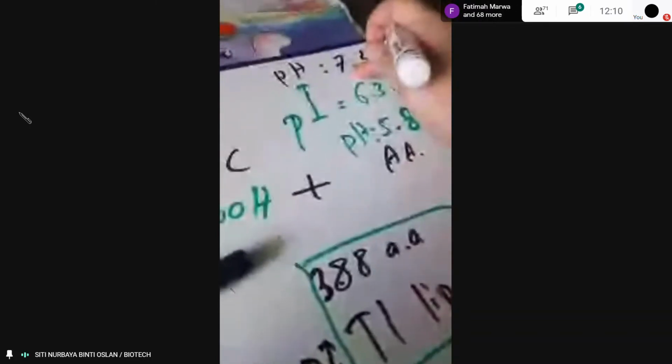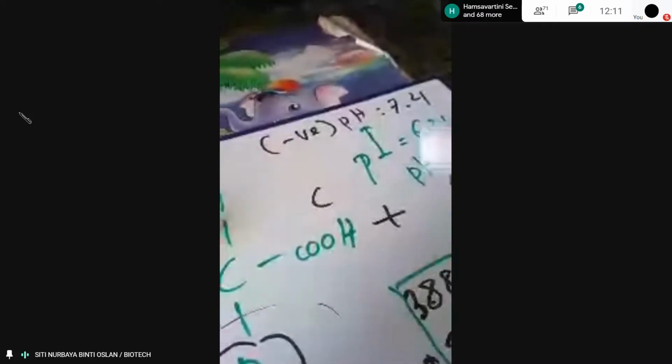So now the T1 lipase is in a buffer of 7.4. That will make the protein become negatively charged. Not only T1 lipase, all the proteins with a pI lower than the pH will turn out to be negatively charged.